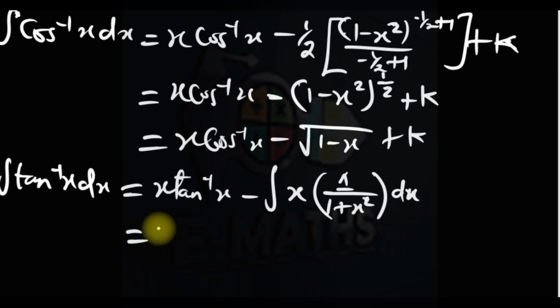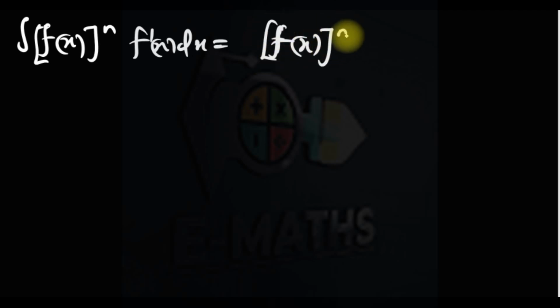This is x arc tan of x minus, okay, I want to clear something here. If you remember, I stated that if you are given the integral of f(x) raised to the power n times f prime of x dx, then the integral is equal to f(x) to the n plus 1 over n plus 1.